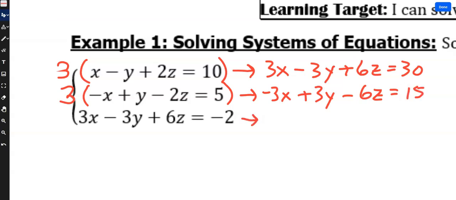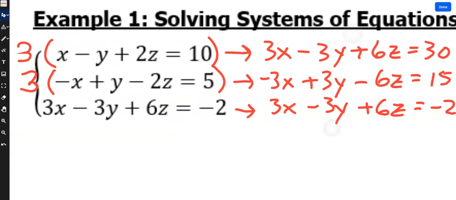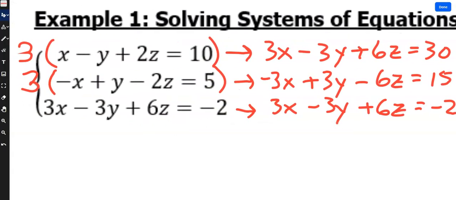And then my last one is 3x minus 3y plus 6z equals negative 2. Okay, let me just double check. Negative 3, 5, 3, negative 6, 15, 3, 3, negative 3, 6, and 30. 3x minus 3y, 6z, and negative 2. Okay, oops.